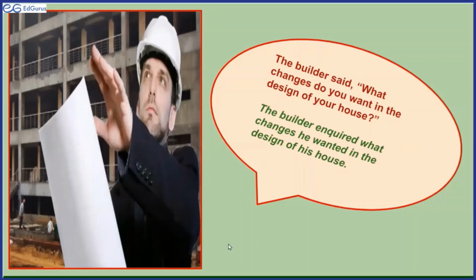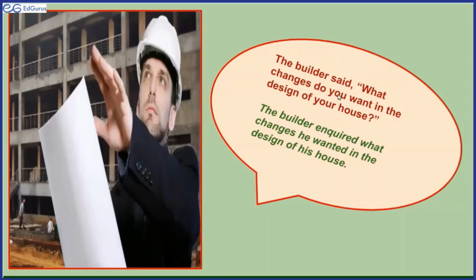Ma'am, I have a question. When we convert a direct sentence into an indirect sentence, we use a helping verb after the subject in a question. Yes, not in the statements, child. That is in the interrogative sentences. These are questions. Now look here, what do you want?